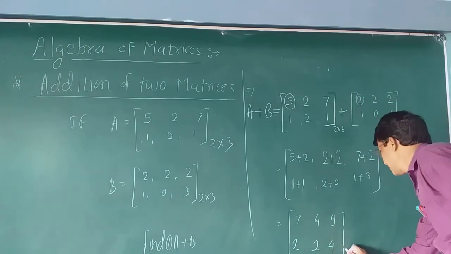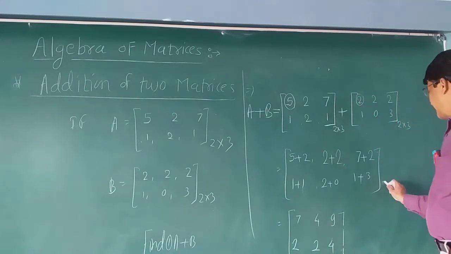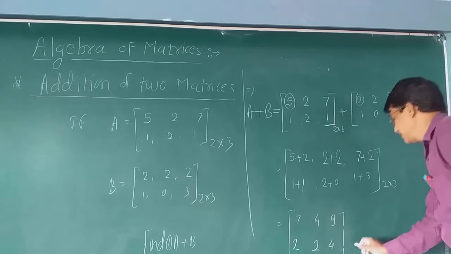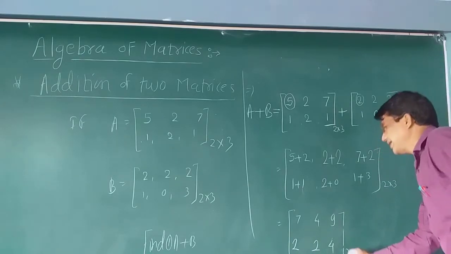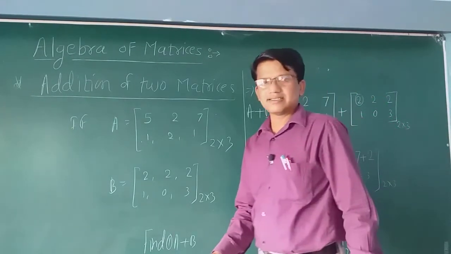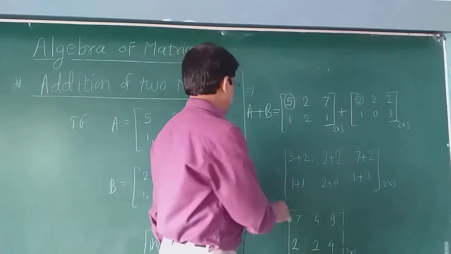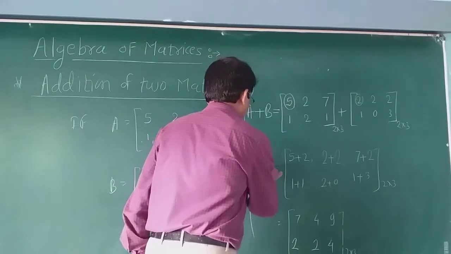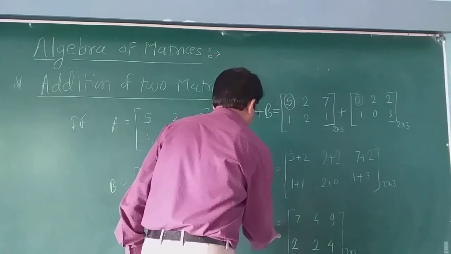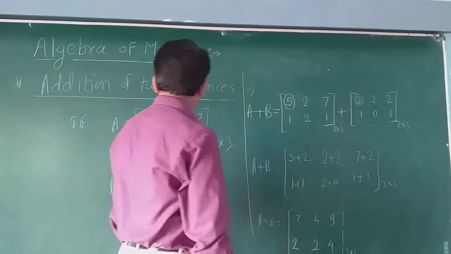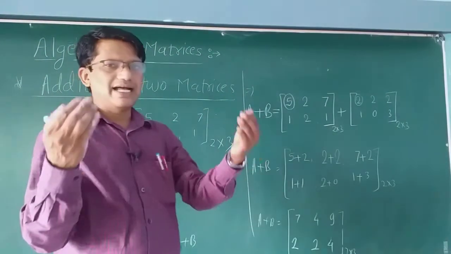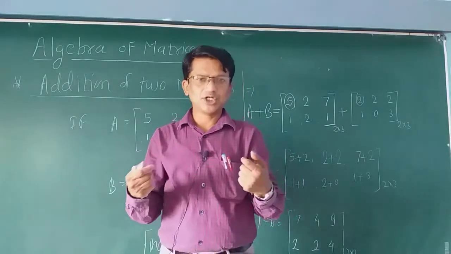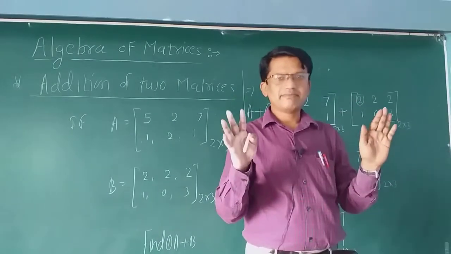So here our matrix has order 2 by 3. Thus this is the answer, that is A plus B. This is about how to add the given two matrices.